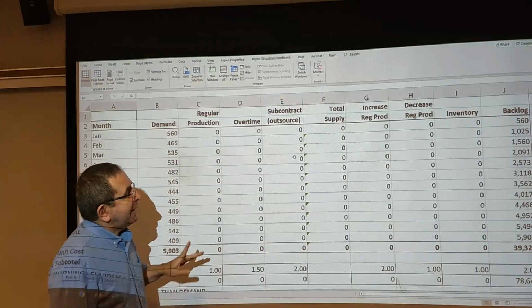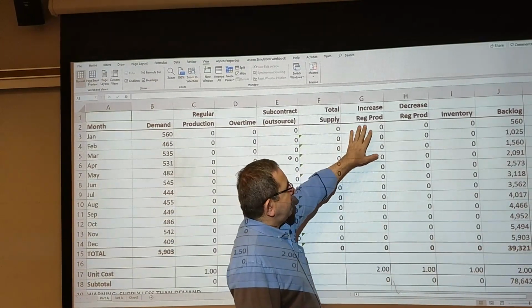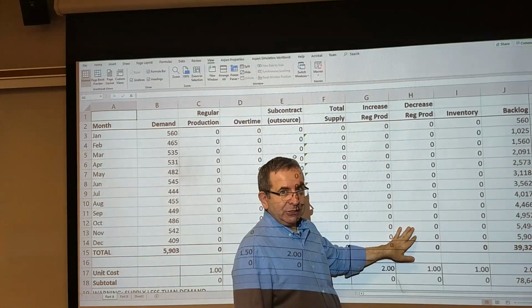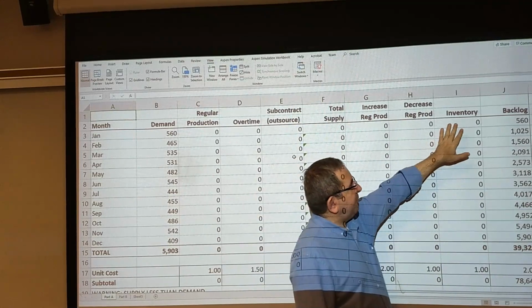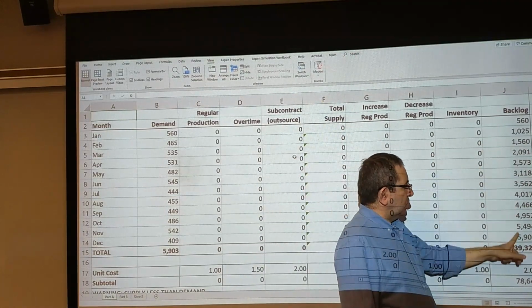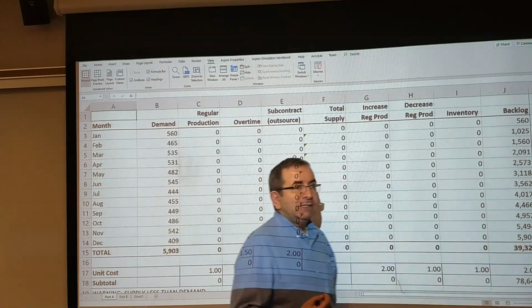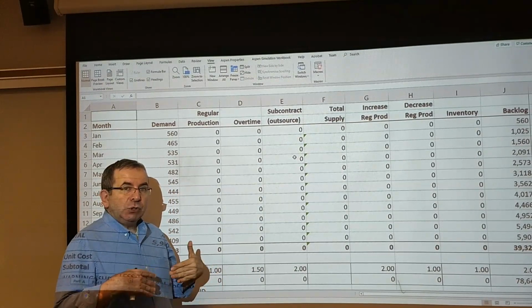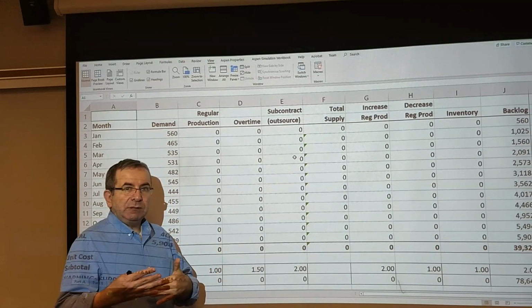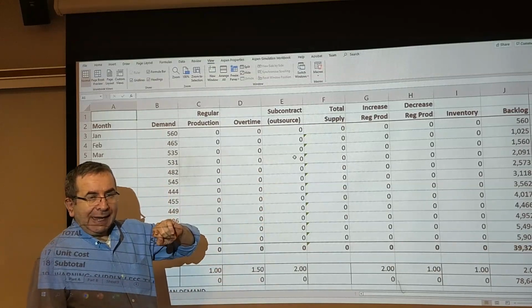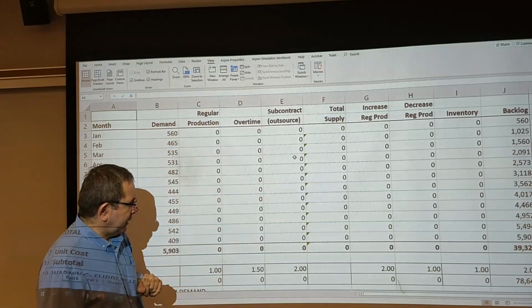In addition, we have the cost of increasing production, decreasing production, excess inventories, and then backlog. Backlog means we cannot meet customer demand, so we put the customer in a waiting line. There's a cost associated with it.